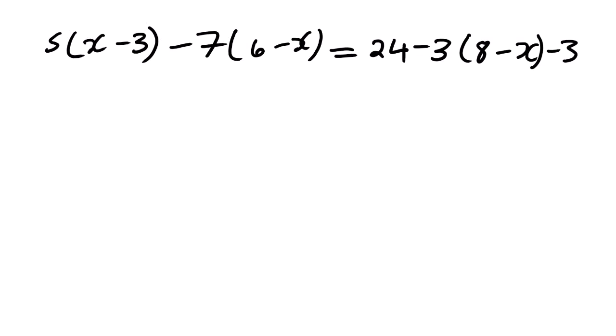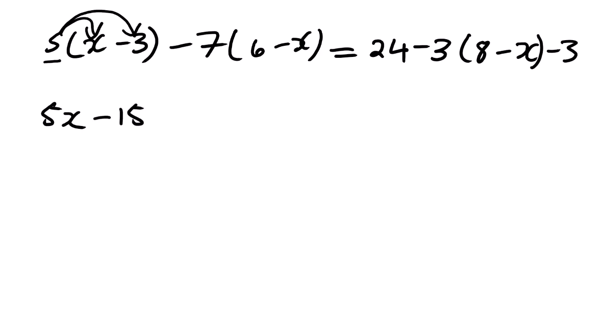Let us look at our next example. What we need to do is simplify and remove the brackets. So for this term, 5 multiplied by x is 5x, and 5 multiplied by negative 3 is negative 15.